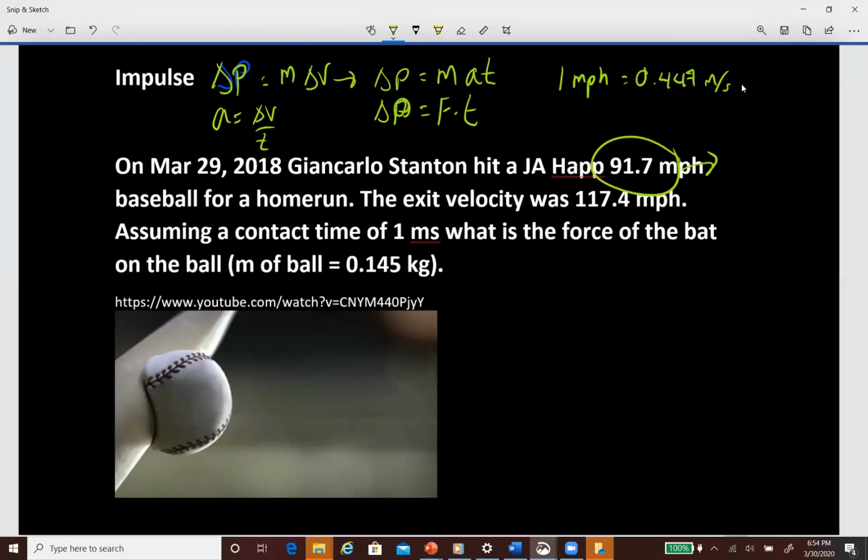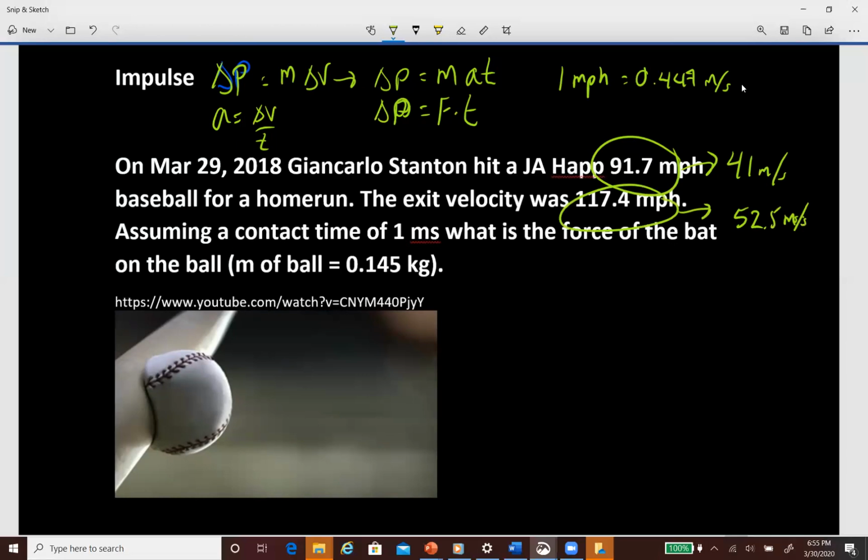So this is about 41 meters per second. And the final speed is about 52.5 meters per second.